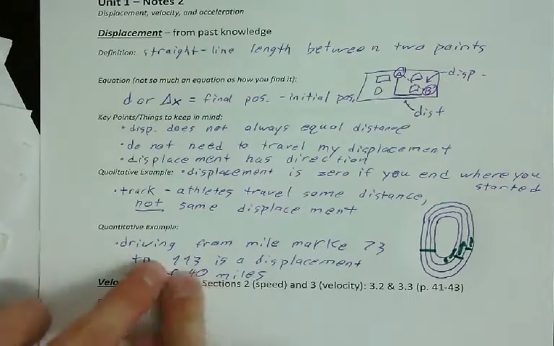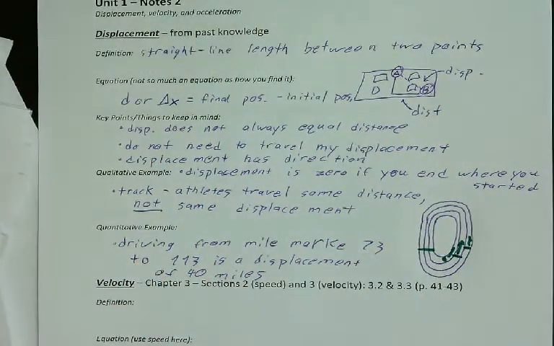Right? I took where I ended minus where I started, and that's my displacement. I'm assuming I'm going in the same direction. Obviously, if I'm going in different directions, that gets more complicated, and so on and so forth.